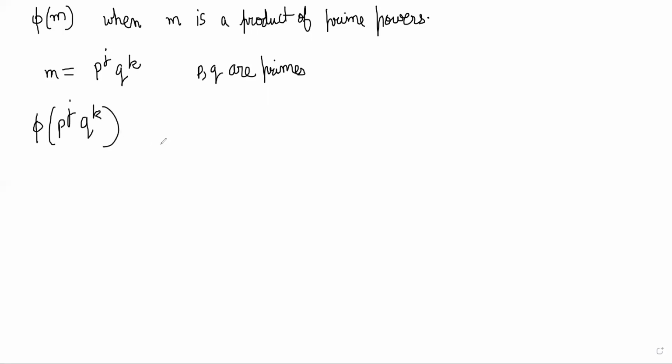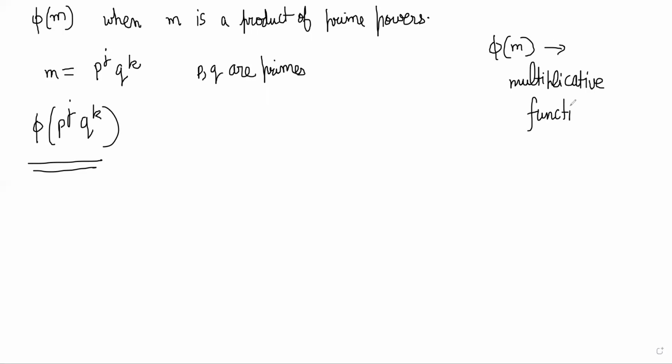Now, here we will learn that the phi function is the first example of a multiplicative function that we have seen. Multiplicative function means generally it satisfies this property: f of mn is equal to f of m into f of n.